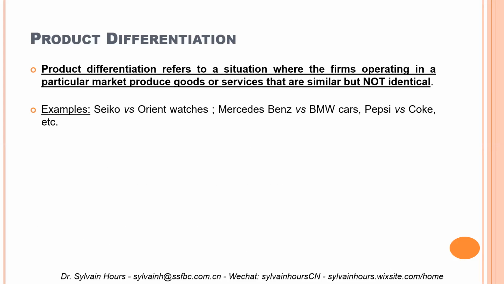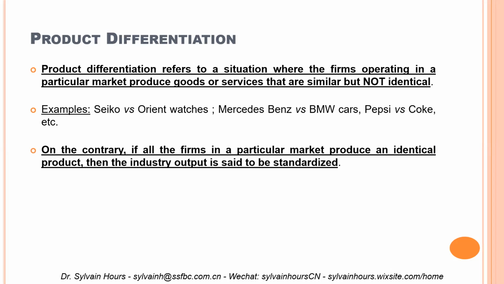You should not say that a car and a guitar are differentiated products. They are completely different products and they are sold in different markets. So that's why the definition mentions that the products have to be similar, but not exactly the same. So this could be different brands of watches, Mercedes-Benz versus BMW, Pepsi versus Coca-Cola. Okay, you can give plenty of examples.